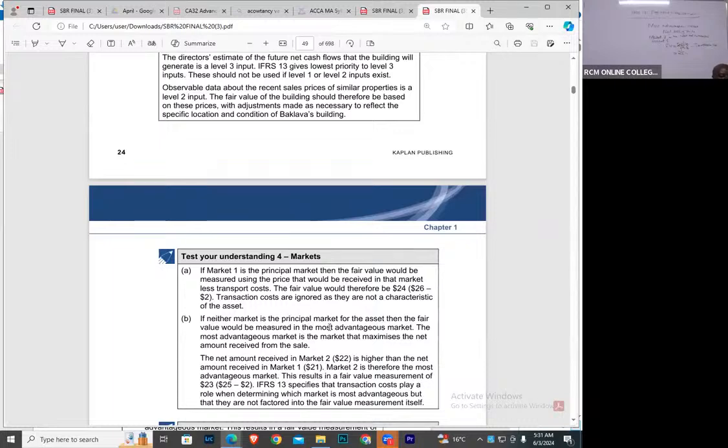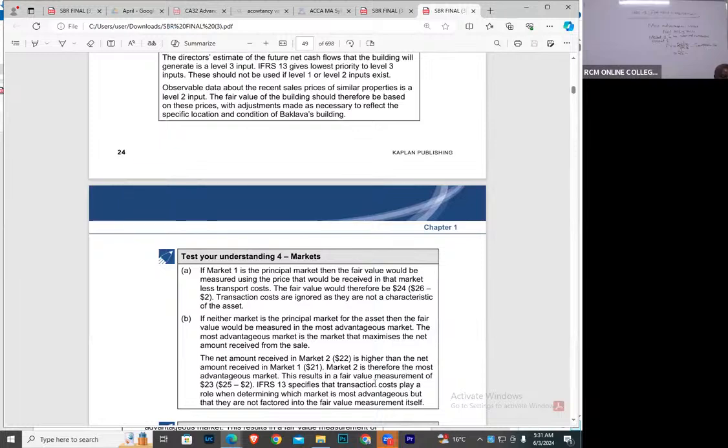If neither market is the principal market for the asset, then the fair value would be measured in the most advantageous market. The most advantageous market is the market that maximizes the net amount received from the sale. You can see the net amount received in market 2 is 22, which is higher than the net amount received in market 1, which is 21. Market 2 is therefore the most advantageous market.